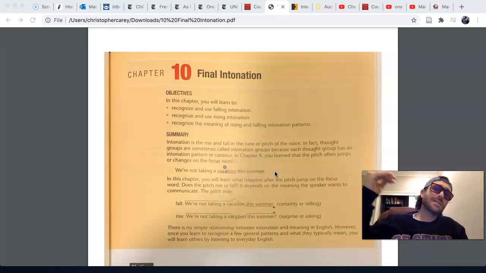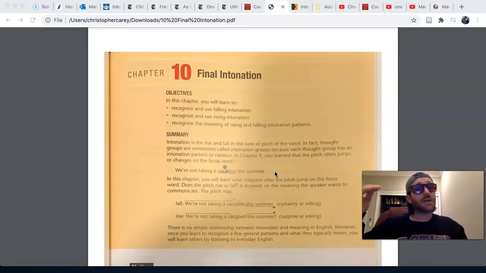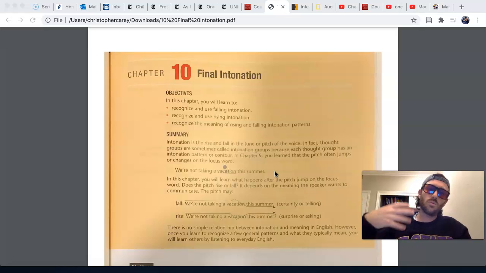But if there's rising intonation, like what I'm doing right now, and I'm not done speaking yet, well, if you were to interrupt me in the middle of that, I'd be like, well, wow, I wasn't done yet. And I was communicating to you that I wasn't done because all of my thought groups are ending with rising intonation. So there are some meanings that we can pick up on that correspond with certain patterns of rising and falling intonation.